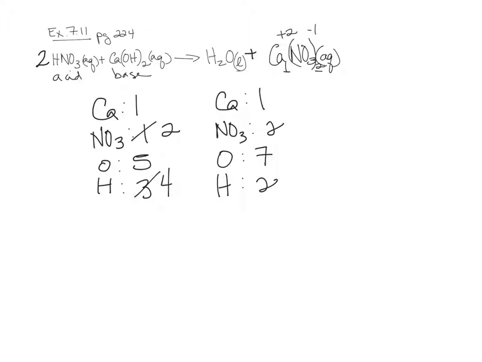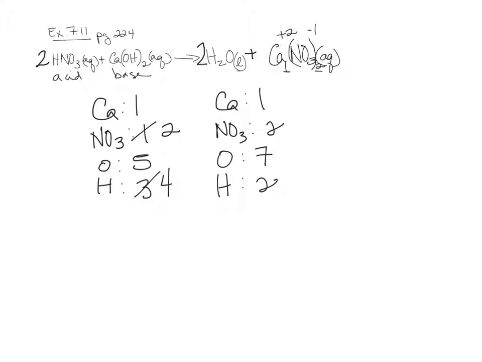Now that my calcium and my nitrate are balanced, I'm going to balance my oxygen and my hydrogen. I'm going to do my hydrogens first because the oxygens are spread out between the nitrate and the oxygen by itself in the water. For hydrogen, I have 4 on my left and only 2 on my right.